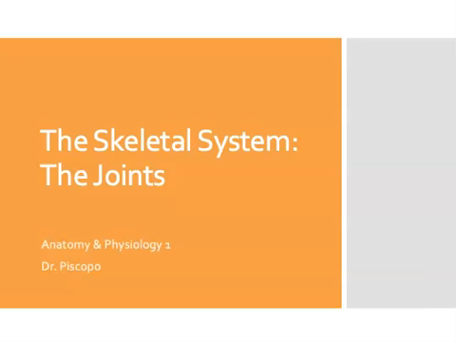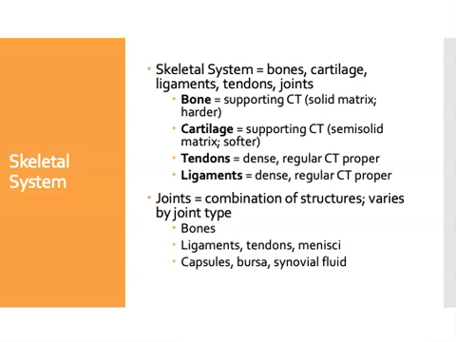Today we're going to be continuing our discussion of the skeletal system, and we're going to focus on the joints. Remember, when we use that term skeletal system, we're talking about bones, cartilage, ligaments, tendons, and joints.